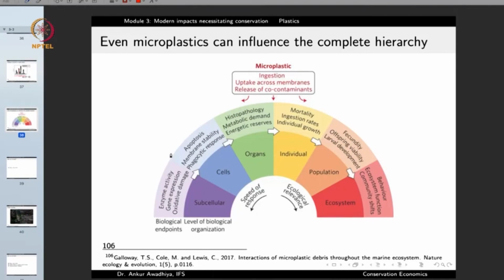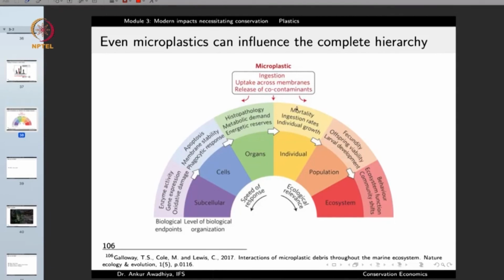Now, if a cell starts to eat these microplastics, then probably they will also impact the phagocytic response of different cells. At the level of organs, they impact the histopathology, the metabolic demand of the organism, and the energetic reserves that are there. Because in the organs, when plastics and especially microplastics get accumulated, then the energetic reserves are depleted.